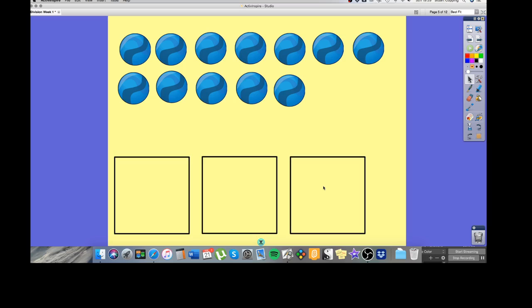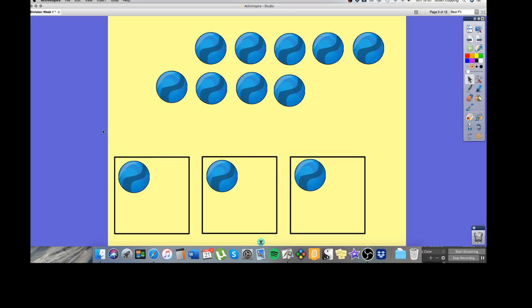So you're going to do it with me, okay? So with whatever cubes you've got or whatever resources you've got in front of you, we are going to put 1 in there, 1 into the next group, and 1 into the next group. And we're going to keep repeating that until we've got no marbles left. So you can do it at the same pace that I'm doing it. You don't have to pause the video.